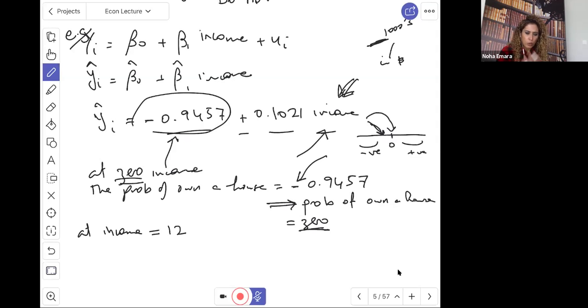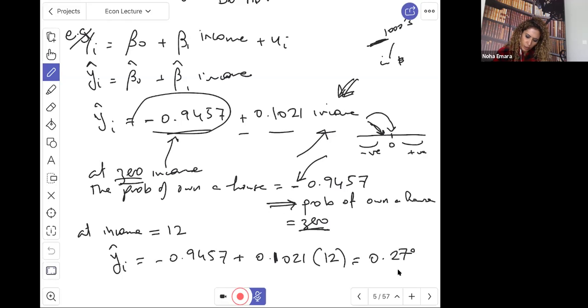So 12 means 12,000. So at income 12, the expectation, or y i hat, is equal to negative 0.9457 plus 0.1021 times 12. That's it. And you will get a value which is 0.2795.